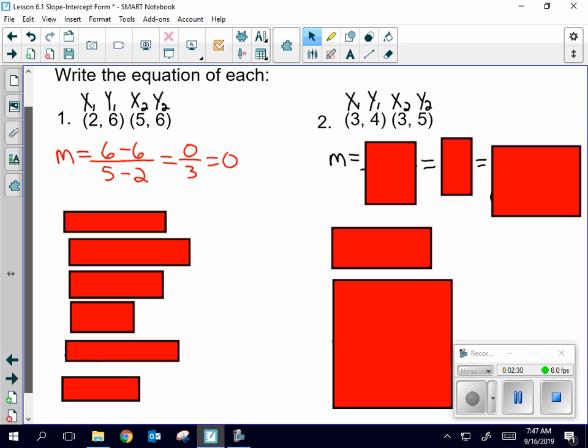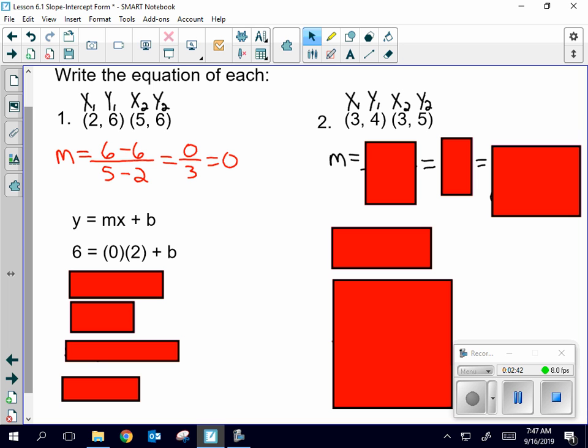If I know the slope is 0, and I write my equation of a line like we've been doing for this lesson, you write down your y=mx+b, and then I plug in the things I know. I know the y is 6. I know the slope is 0, and the x is 2. I'm just using this first point here. And then when I go to solve for b, what happens?